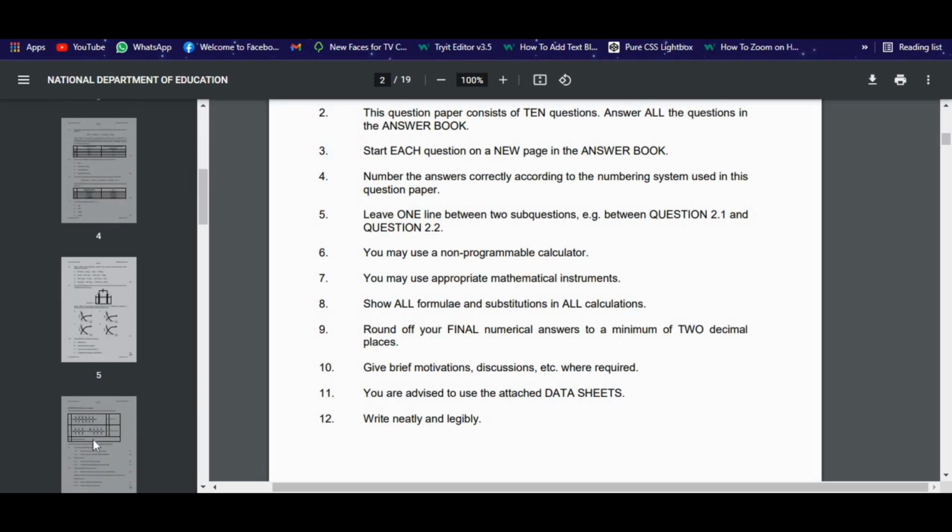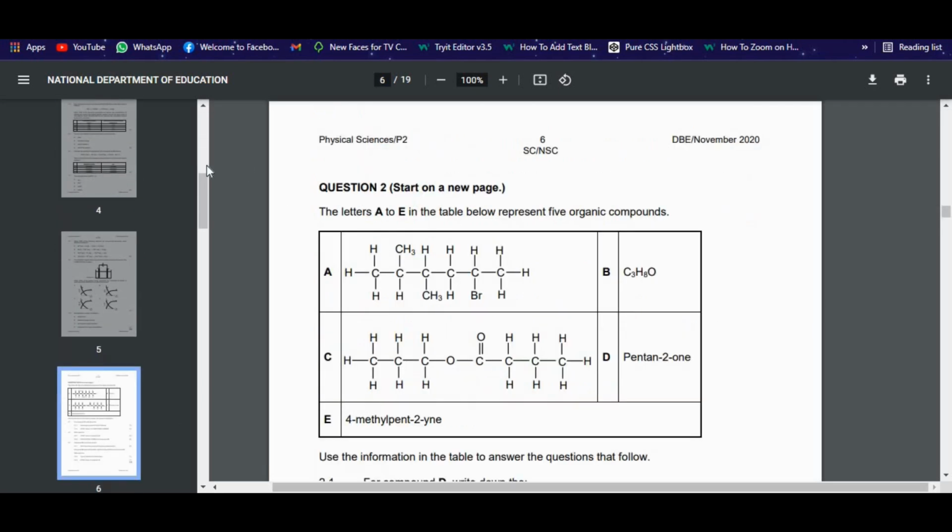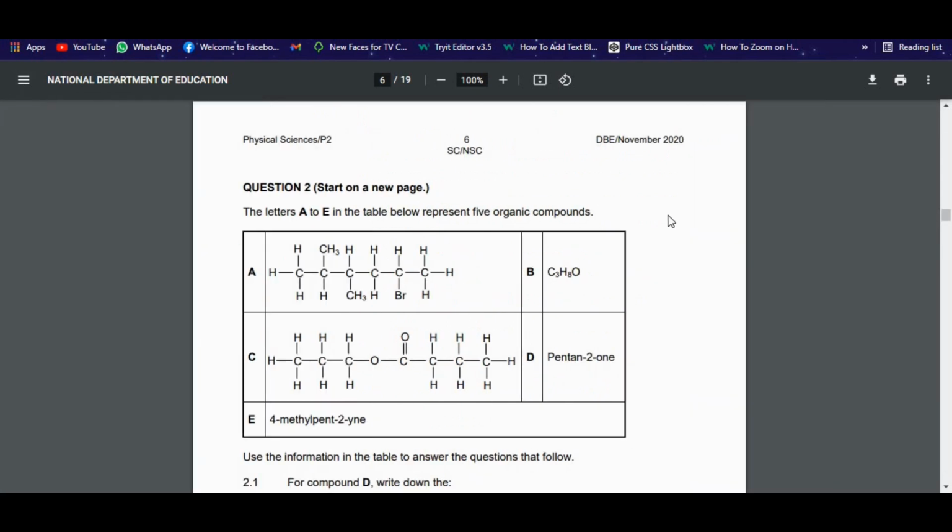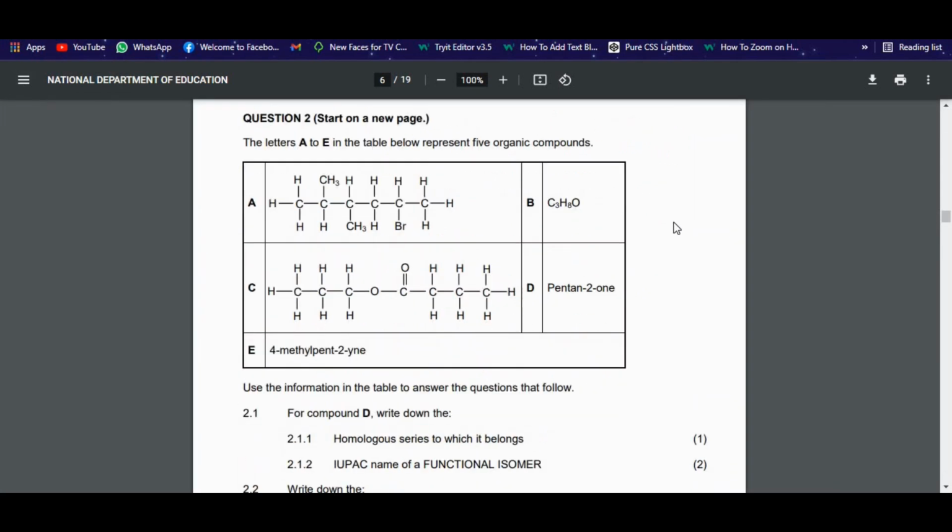So I think a good place to begin, because we haven't done it in a while, is organic chemistry, which is question 2. We'll start here, and maybe we'll jump around in the paper, because there's usually about 4 or 5 organic chemistry questions, because it's such a large topic.